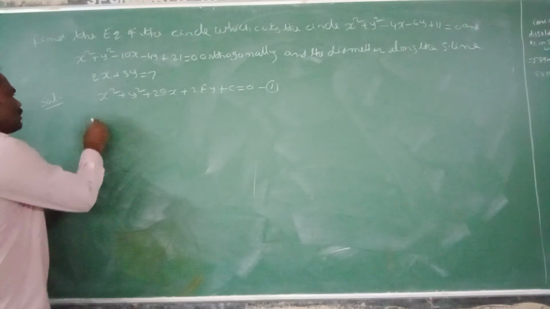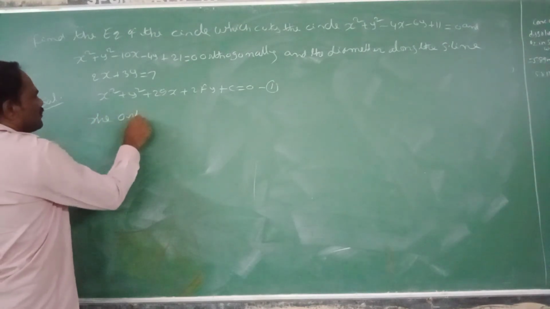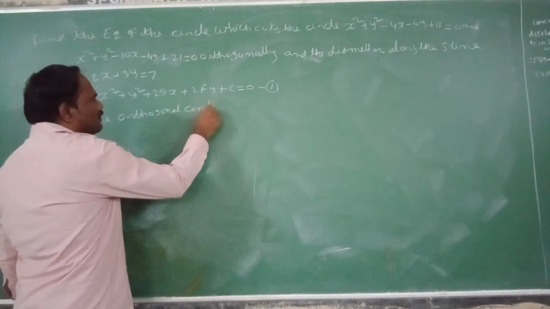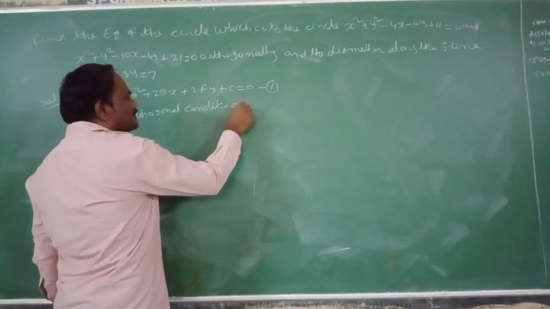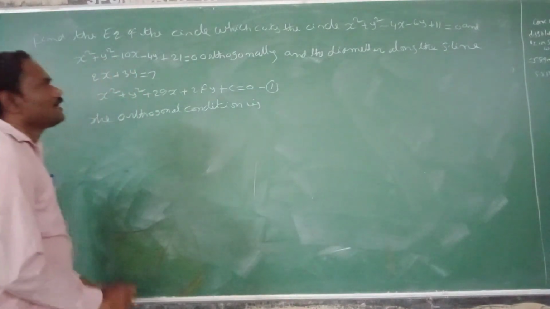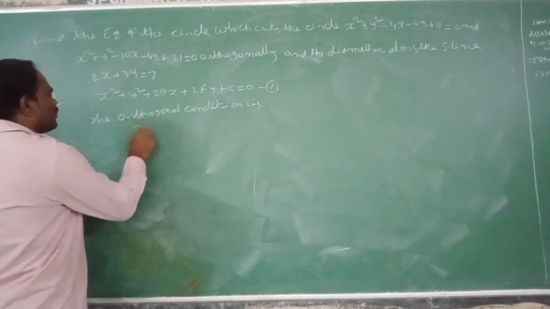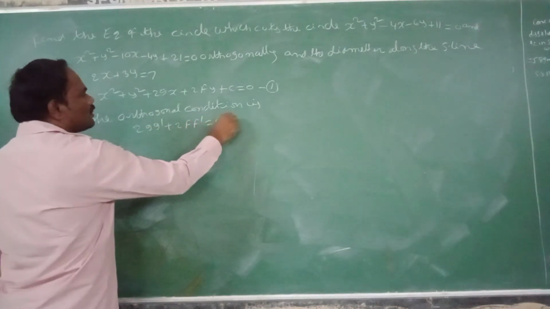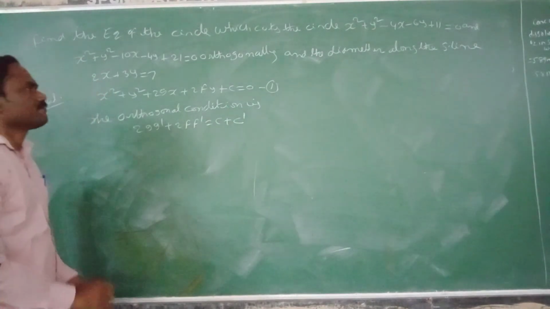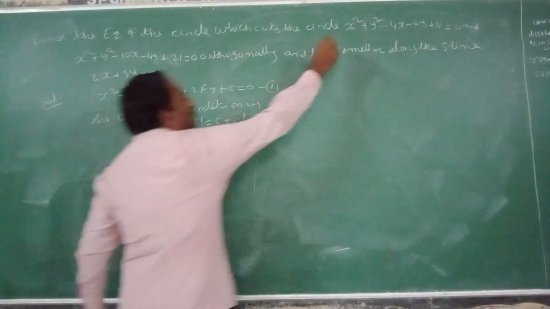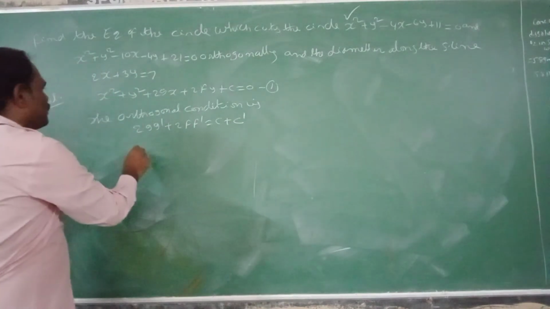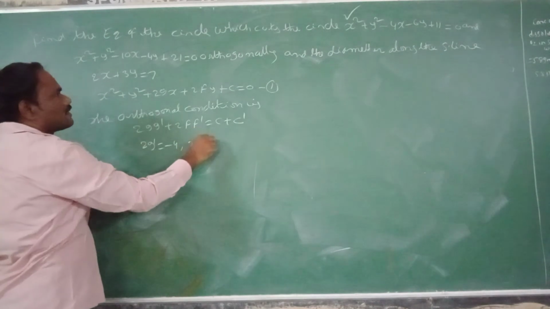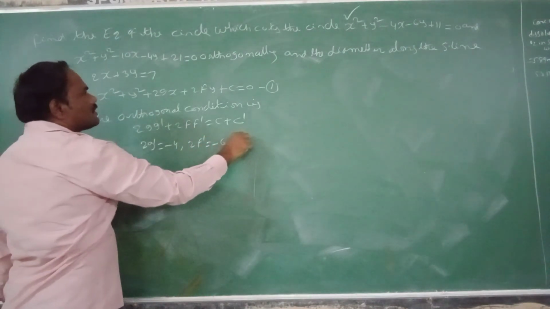The orthogonal condition is 2gg' plus 2ff' is equal to c plus c'. Here 2g' is equal to minus 4, 2f' is equal to minus 6, c' is equal to 11.